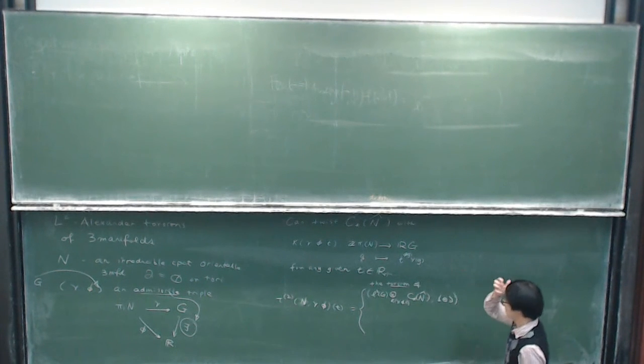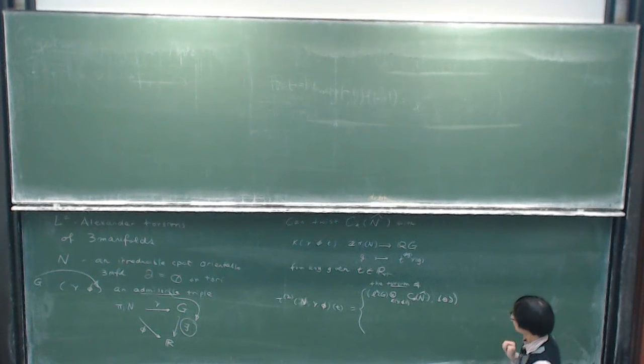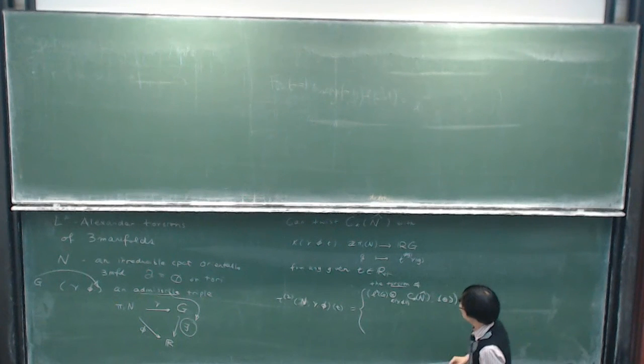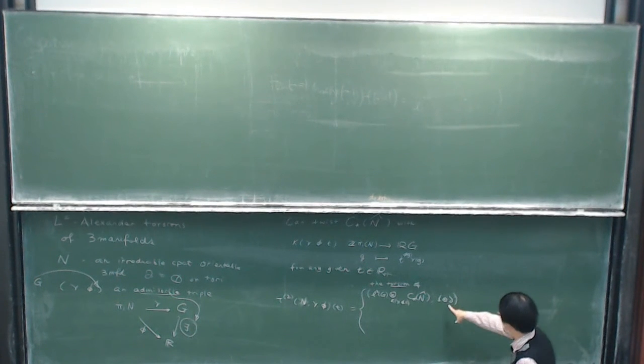For example, I think by a theorem of Lück, or Lück and Friedl, if Q is some rational number, then you can always make sense of this torsion in the weakly acyclic case.